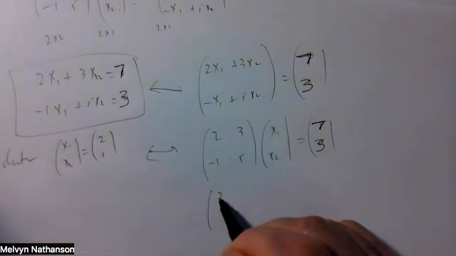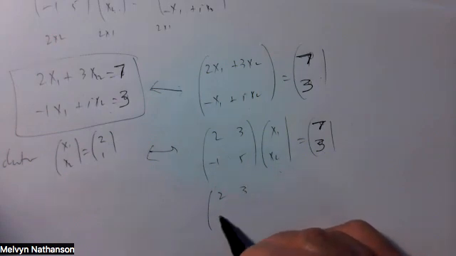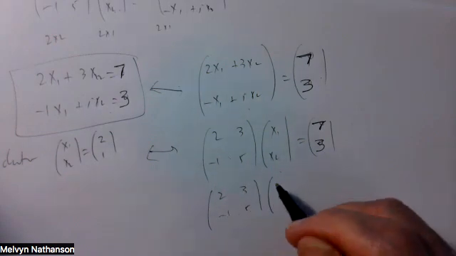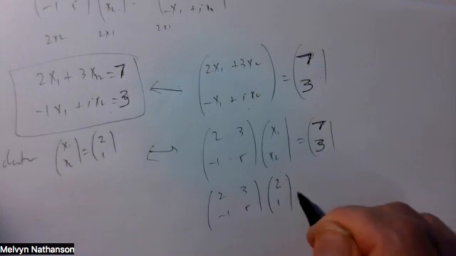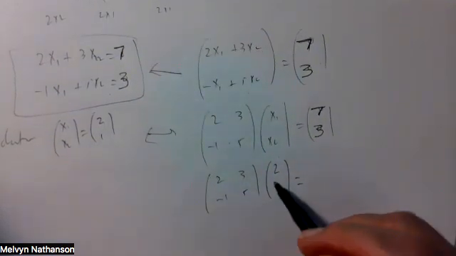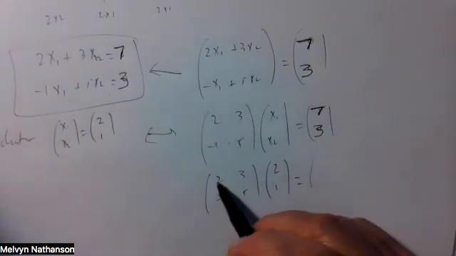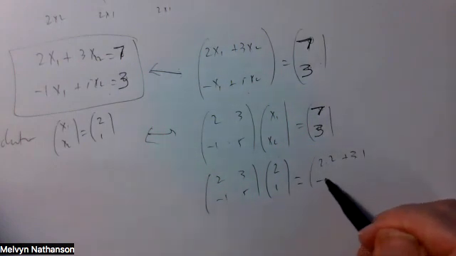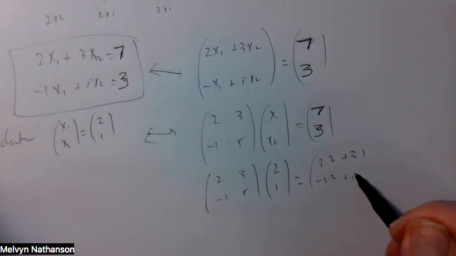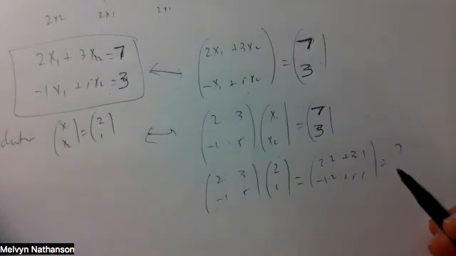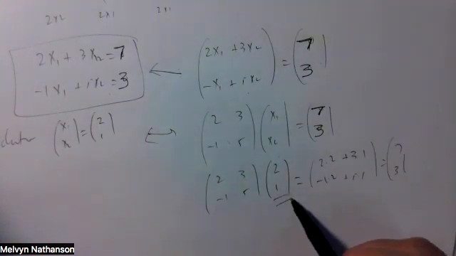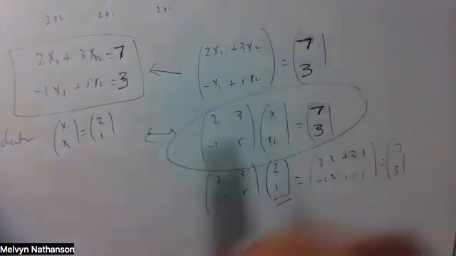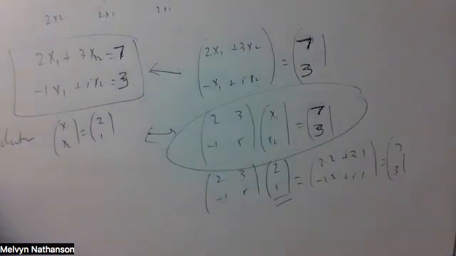And you can check if you take the matrix 2, 3, minus 1, 5, times 2, 1, if you do matrix multiplication, you get 2 times 2 plus 3 times 1, minus 1 times 2 plus 5 times 1. That's 7, 3. So this vector is a solution of this vector equation.